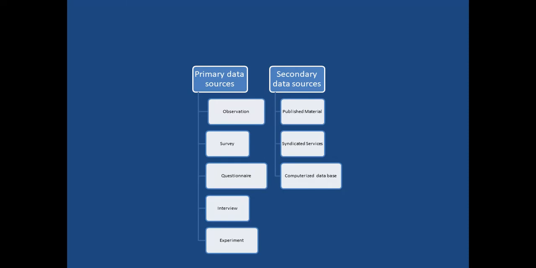A lot of organizations, instead of publishing information annually in a magazine, put all this information on a computer database. For example, for assessment and accreditation, Delhi University and all colleges of Delhi University used to send a paper or hard copy report of more than a thousand pages to NAAC, the National Assessment and Accreditation Council. Now they say you are not supposed to send us a hard copy.